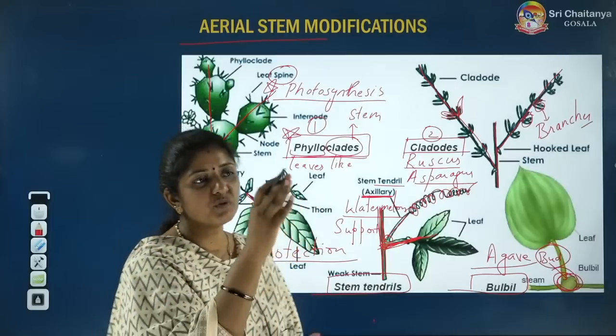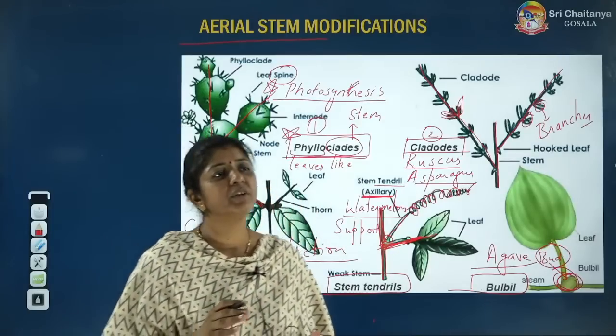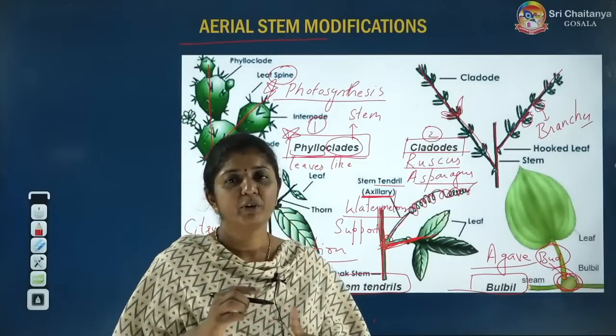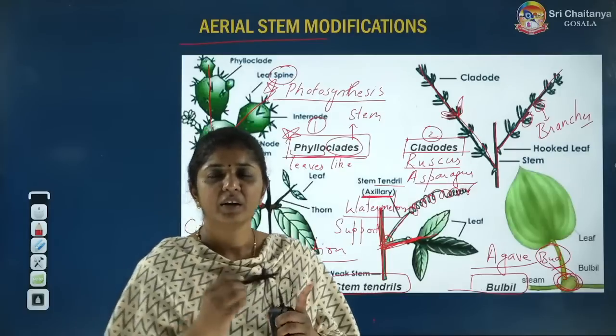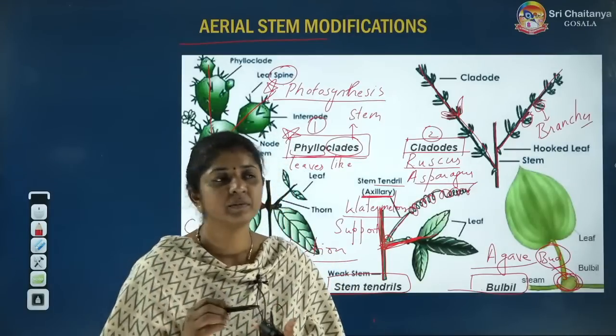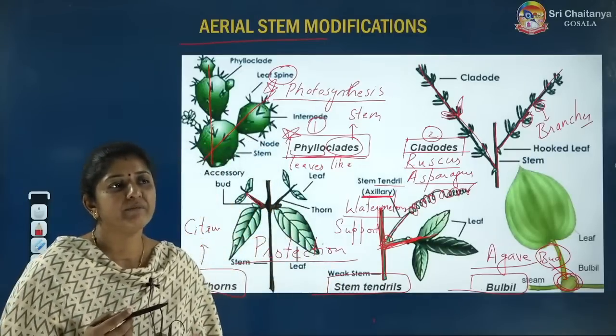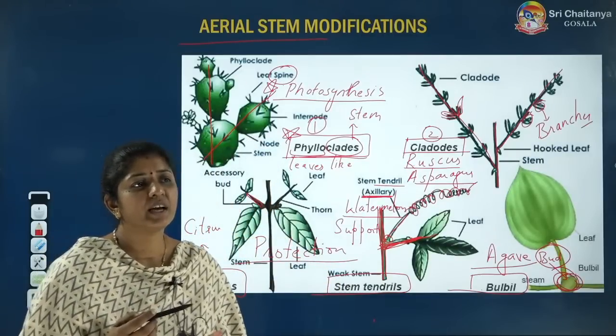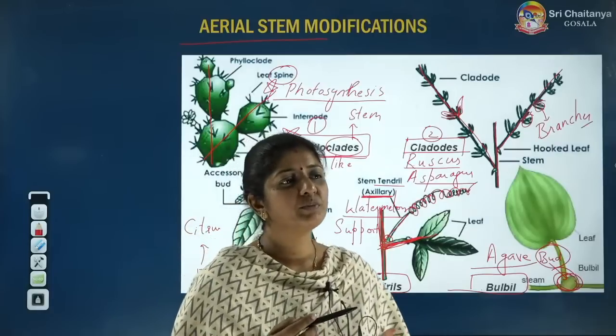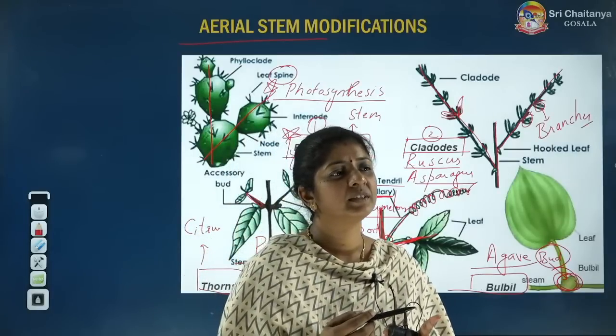Everyone, try to give the response. Potato is stem modification, okay. Underground, subaerial or aerial? Quickly, give me the response for this. I am waiting for your response. Underground, very nice. Only one student responded. Underground, very nice.